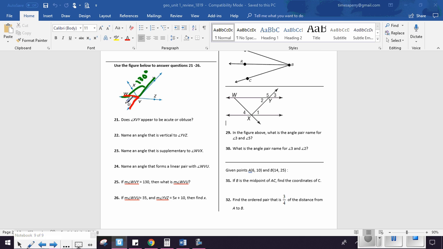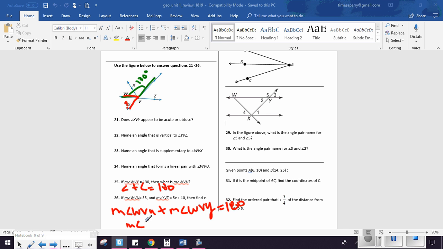We just discussed that they form a linear pair, so this is a scenario of angle plus angle equals 180 degrees. The measure of WVU plus the measure of angle WVY is 180.